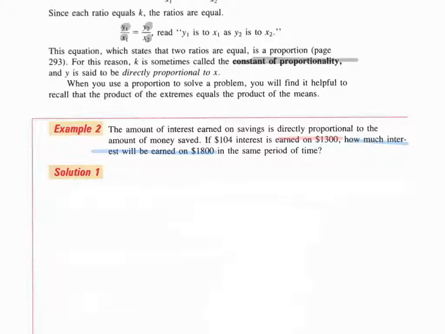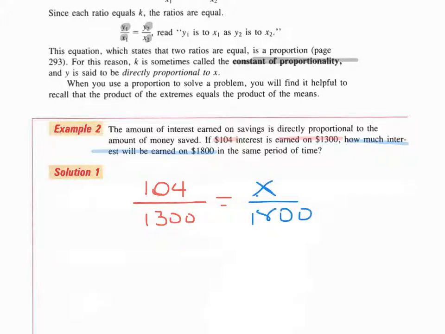Again, you could set this up proportionally. You could take the two beginning given numbers and put that in a proportion together, 104 over the amount of money, 1,300, and then take the blue information, how much, that could be your variable, and put it over the 1,800. And then cross multiply and divide.